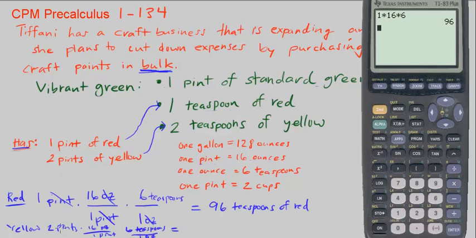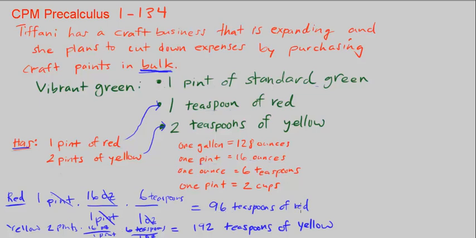And then we just multiply 2 times 16 times 6, and that gives us 192. Let me write that over: 192 teaspoons of yellow.